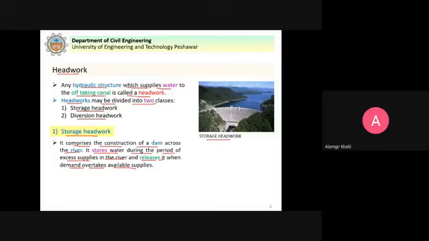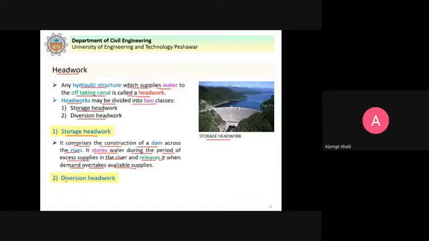So that's why we need to construct dams to store the water during peak flows, and when the water in the river decreases, not sufficient to meet the water demands, we can supply the water from the dams. So these are storage headworks. We will study about the dams in detail later on in this course.